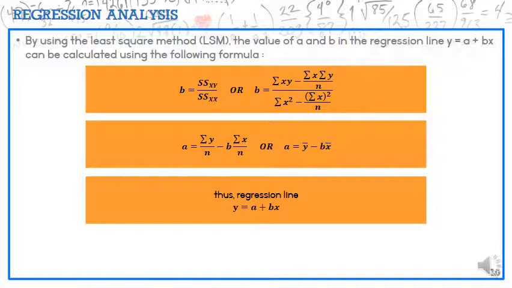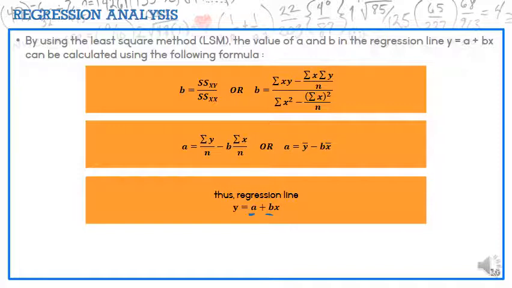So, you don't have to worry about the formula. You don't have to memorize, okay, because the formula will be given in your exam, but you must make sure that you know how to use it, where to substitute, to make sure that you will get the correct answer. So here, I do believe that you all are familiar with the summation of xy, summation of x, and etc. So once you get the value of B and A, substitute into this equation.